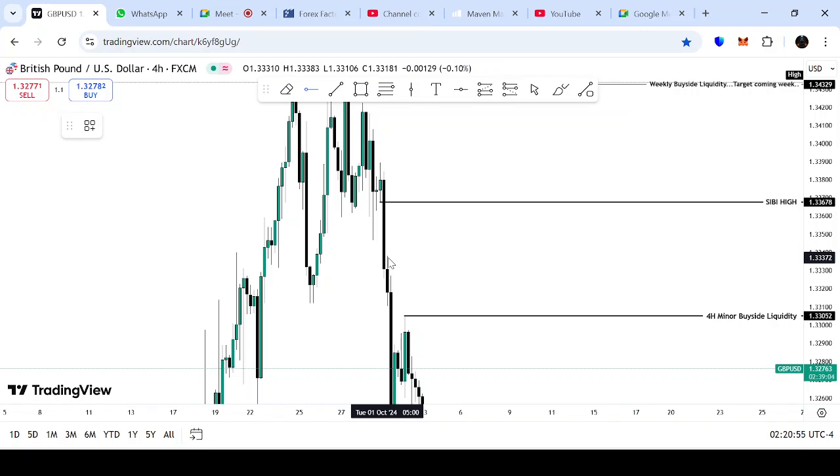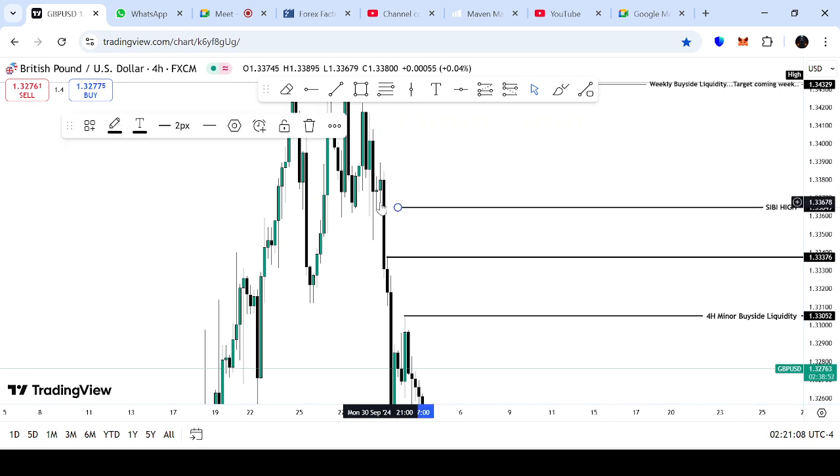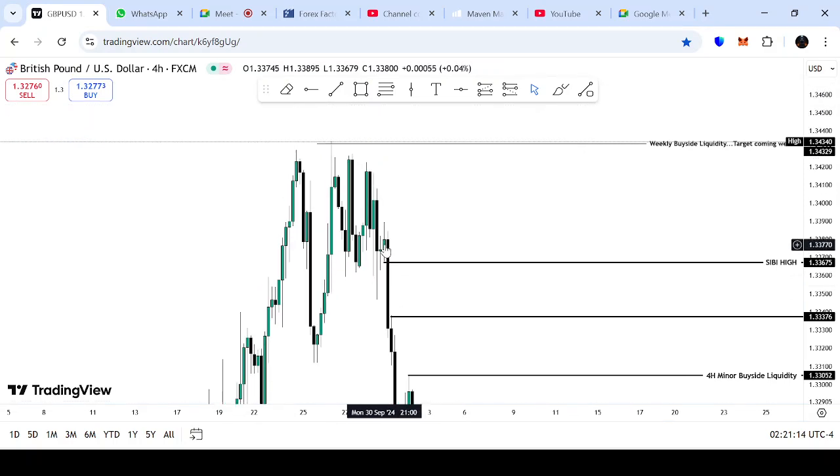and CB low. Between that, the order block, the last close candle, the low of that bullish candle there. This is a bullish candle.